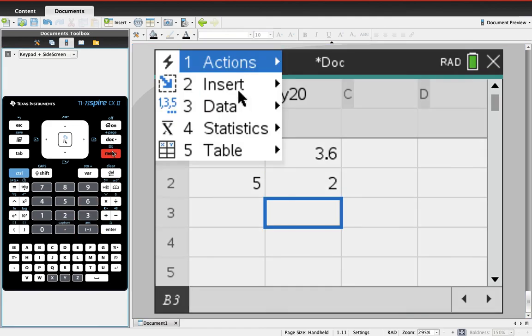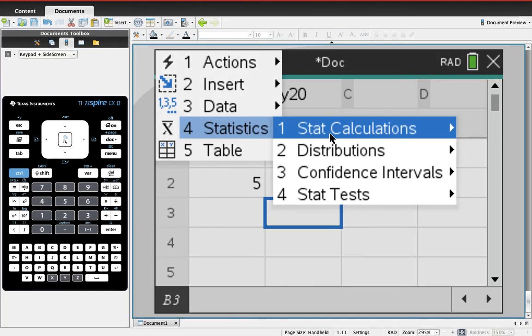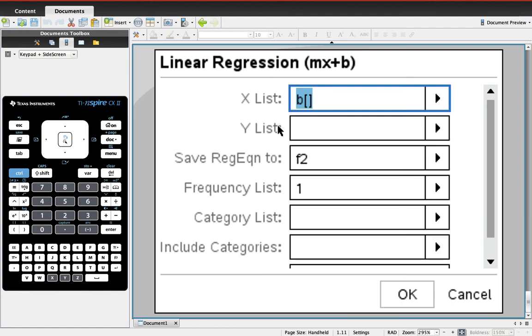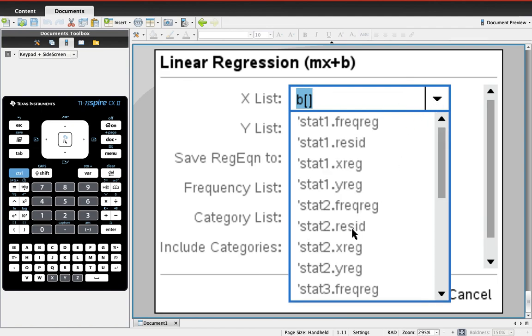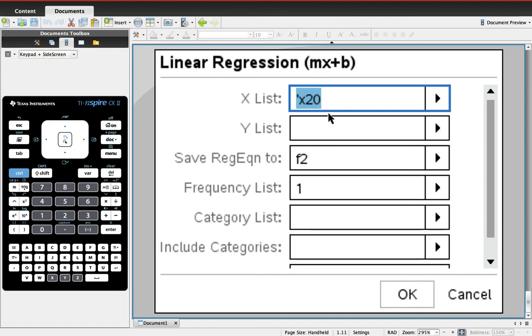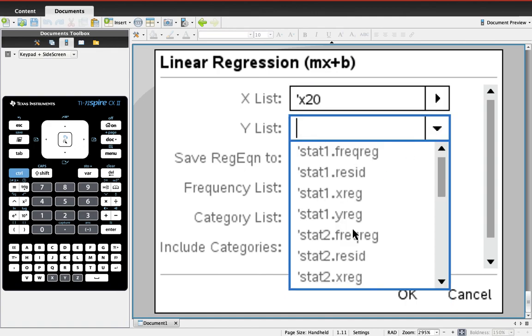I'm going to run my linear regression. Y equals mx plus b. I'm going to pick my x values, remembering, as you can see from this crazy list, I already got way too much going on here. So that's why I always name them using the problem number so it's easier for me to find.